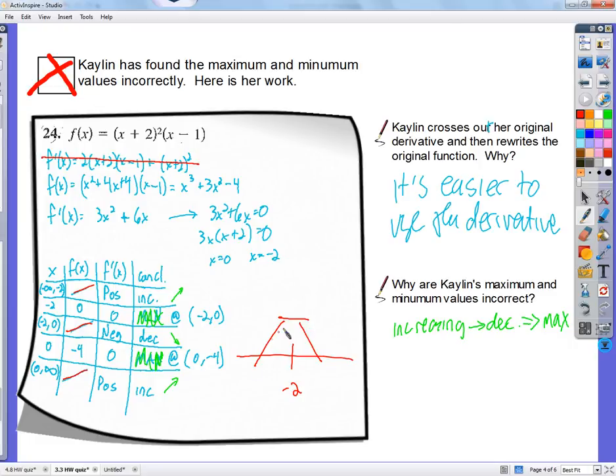So if it increases and then it switches to decreasing, it must have done something like that, because it's a differentiable function, which means it doesn't cut corners like that. It's nice and smooth. So it must have a maximum there, and by similar reasoning, a decreasing interval to an increasing interval must be right in the middle. We have a minimum.